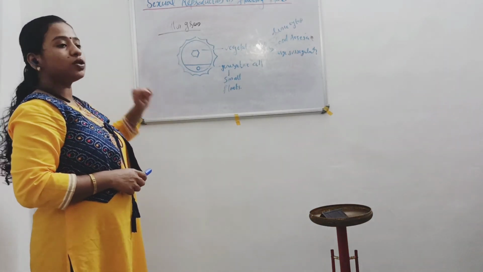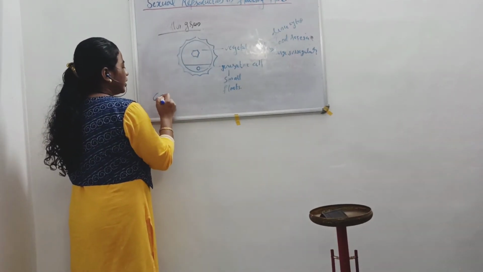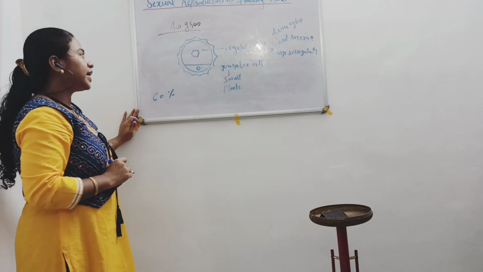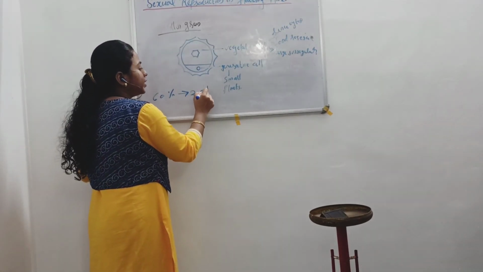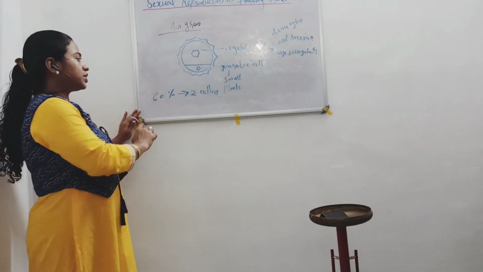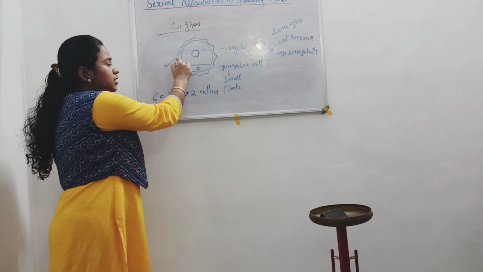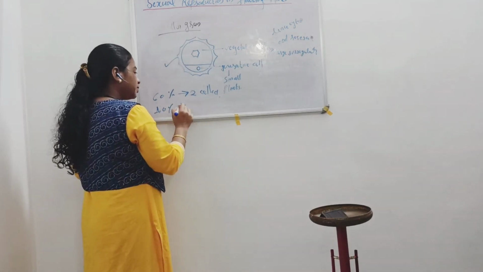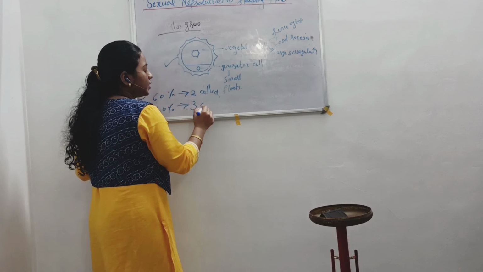Okay, in most cases, that is in 60% of angiosperms, the pollen grains are shed at the two-cell stage. The remaining 40% of angiosperms shed them at the three-cell stage.